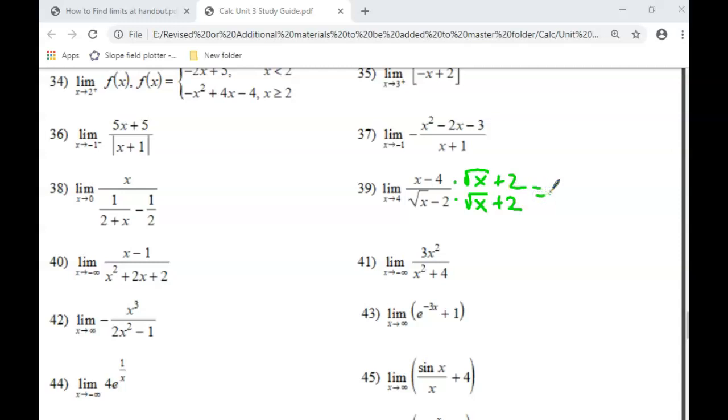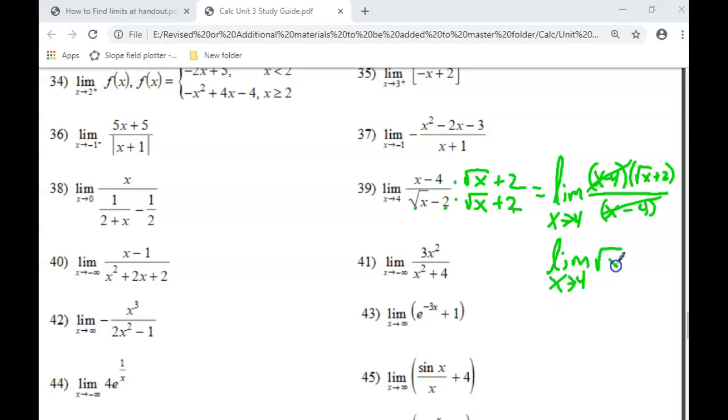So on the top then, what we're left with is x minus 4, I'm going to put that in parentheses, and square root of x plus 2. And on the bottom, you do square root of x times square root of x, which is x, and negative 2 times 2, which is negative 4. And lo and behold, we removed the discontinuity.